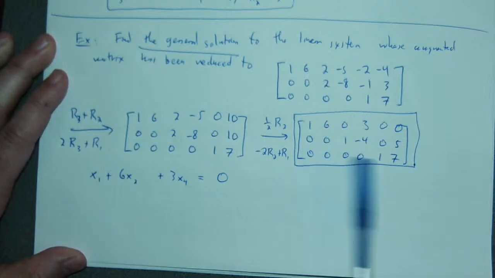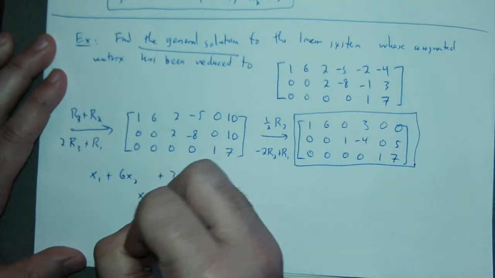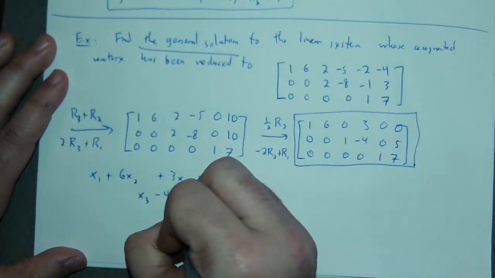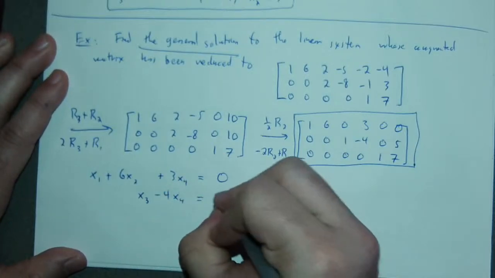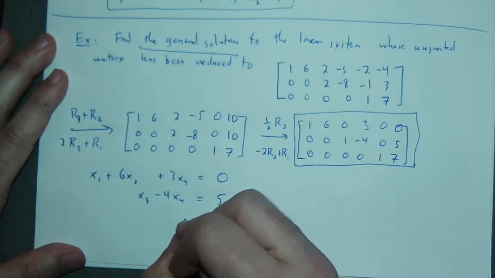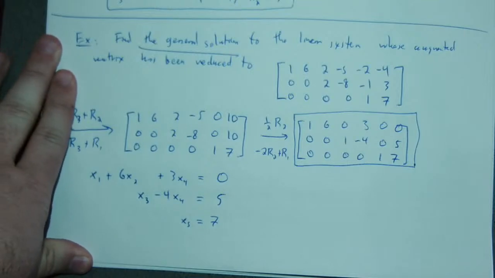Okay, and then the next line is x sub 3 minus 4 x sub 4 is equal to 5. And then the last one is x sub 5 is equal to 7.